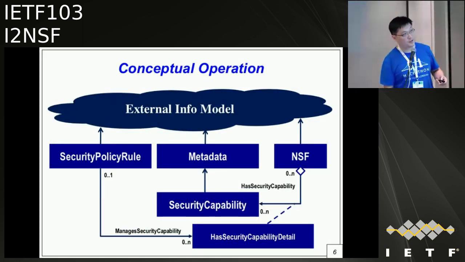It means that for our network security function, we can add security capabilities in real time, with the attributes of the capabilities. So the security policy can change anytime while the network security function is running. This is very flexible.